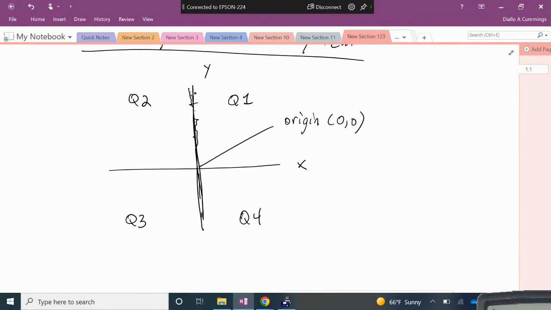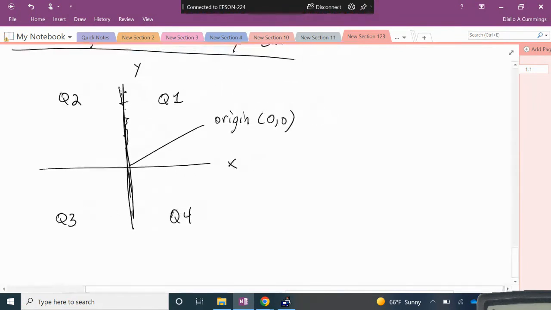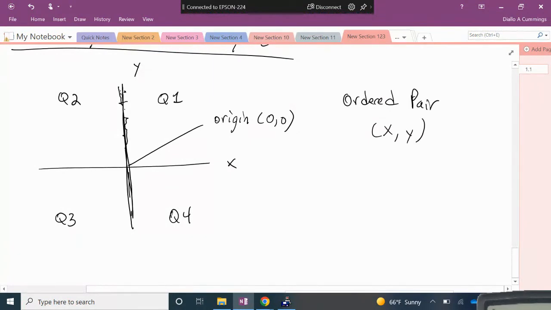You can determine the exact location of any point in this coordinate system by what's called an ordered pair. And an ordered pair is in the form of x, y, where x is the horizontal component and y is the vertical component.